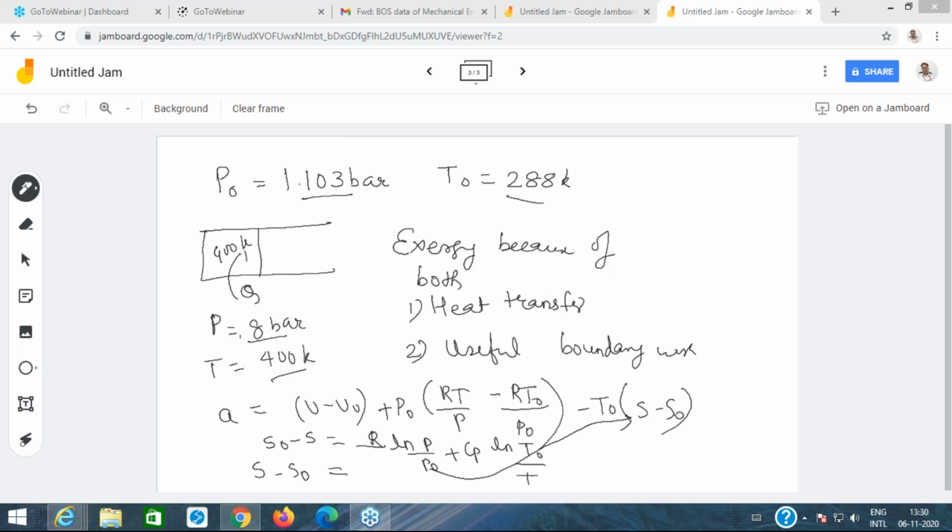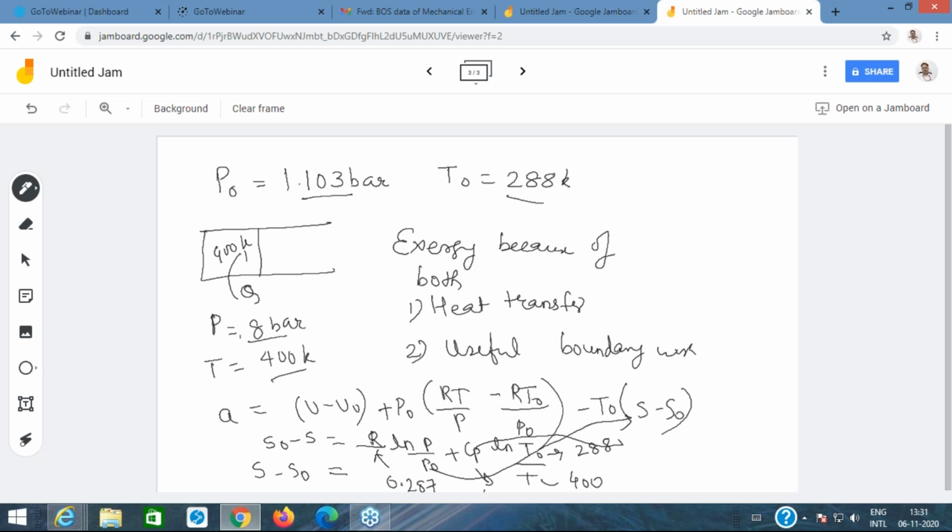What is R? R is 0.287. In this case, T is 400 Kelvin and T naught is 288. And the Cp value of gas, if it is not given, you must know that it is 1.005.